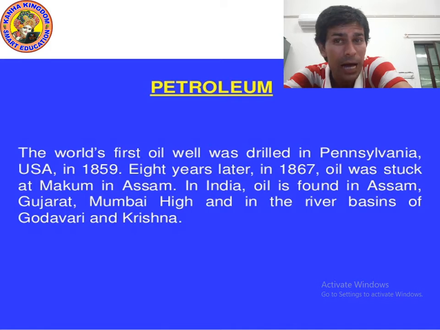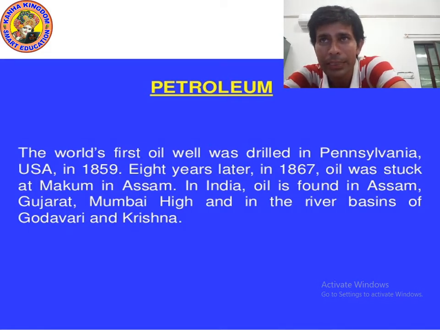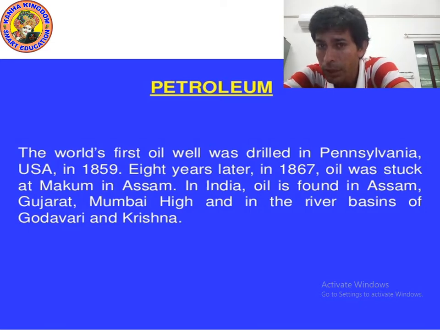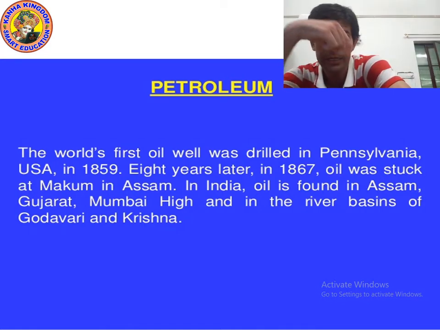And in India, not only in Assam but at many places oil is found: in Assam, Gujarat, Mumbai, and also in the river basin of the Godavari and the basin of the Krishna.